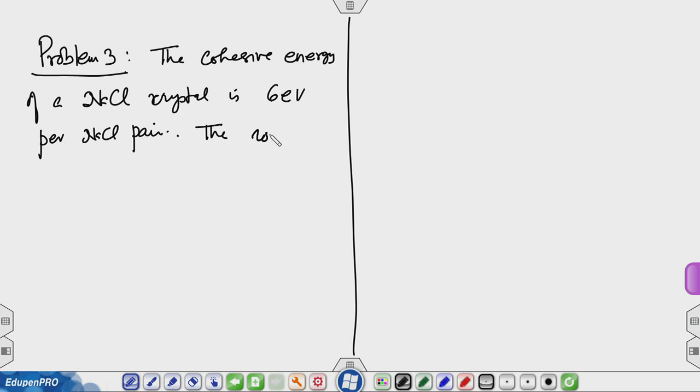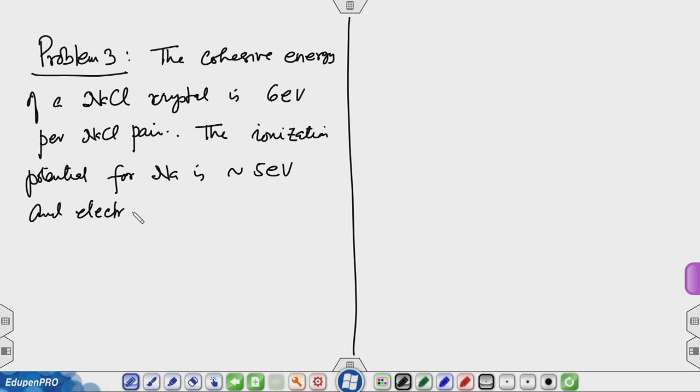The ionization potential for sodium is about 5 electron volts, and the electron affinity for chlorine is about 3.75 eV.